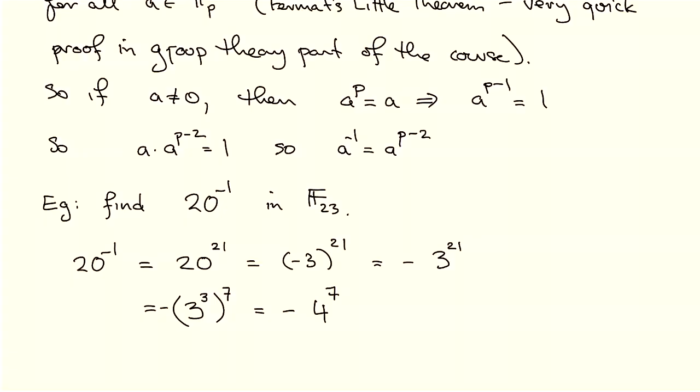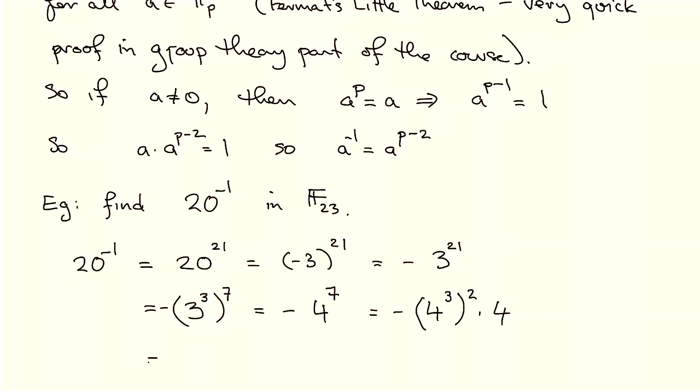We're getting there now, maybe, but you just keep going. So this is now 4 to the 4 cubed, I guess, squared times 4 still. And then what's 4 cubed? I'm not very good at arithmetic, so 64, and what's 64 in F23? It's minus 5.